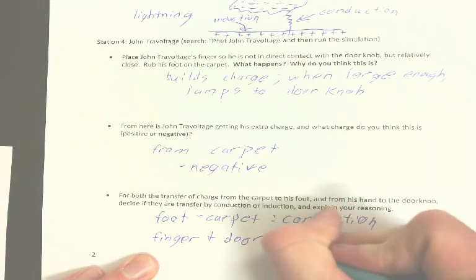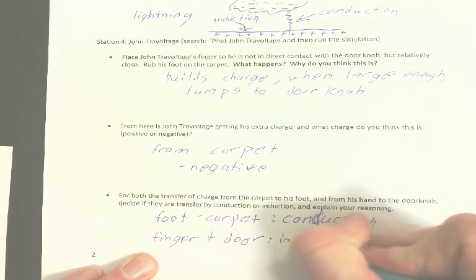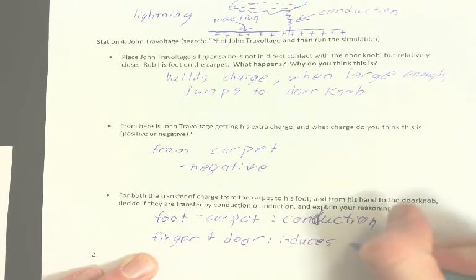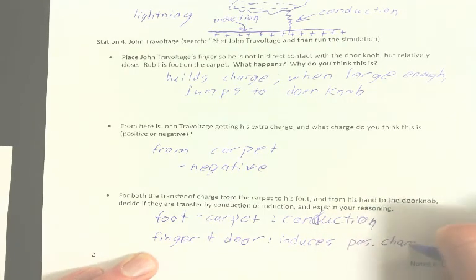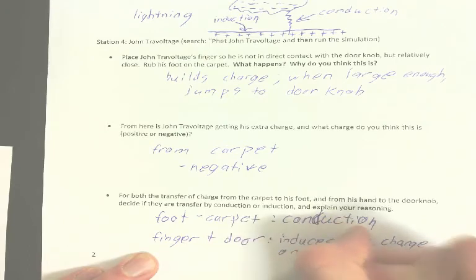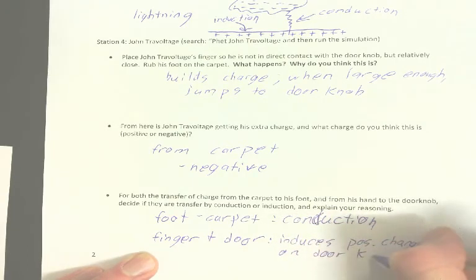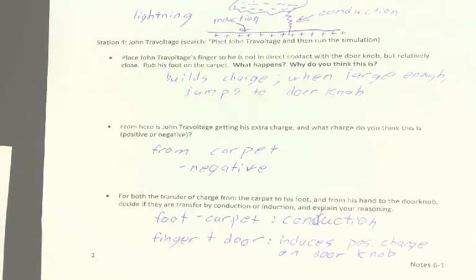So, first of all, it's going to do induction. So it induces a positive charge on the doorknob, which you can't see. So by charging his body, it makes the doorknob positively charged, opposite of his.